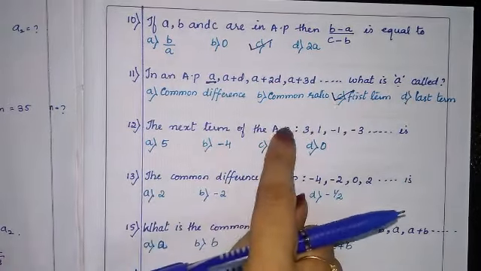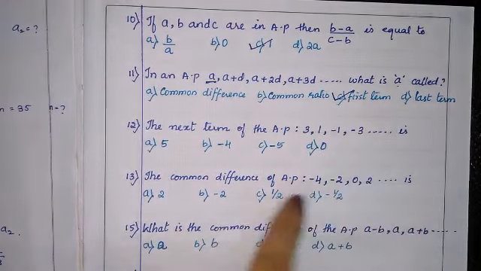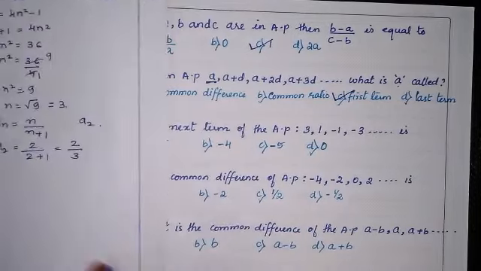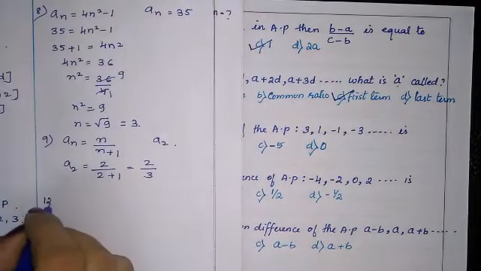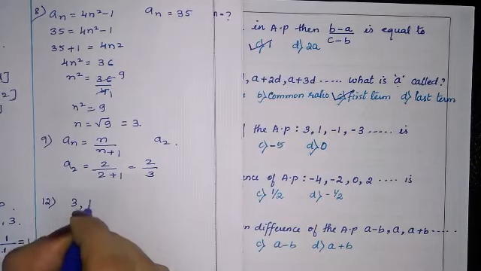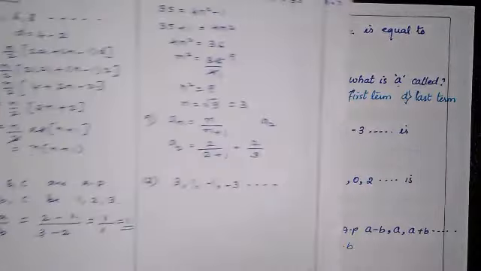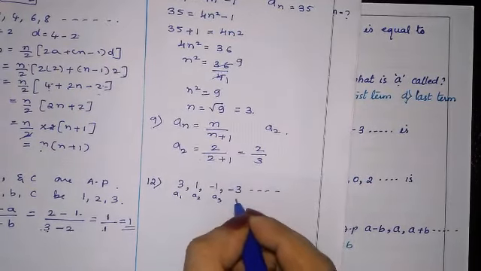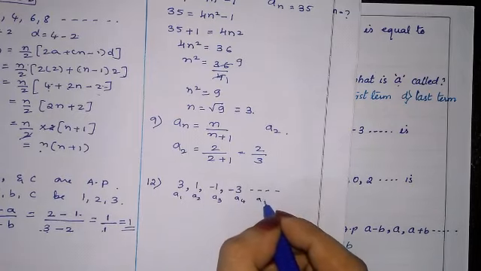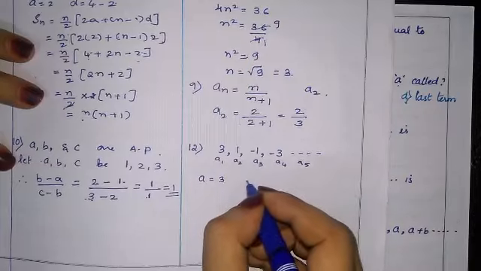Find the next term of the AP 3, 1, minus 1, minus 3. Let me write question number 12. This is the first term, this is the second term, this is the third term, this is the fourth term, and the next term will be the fifth term. A is 3.